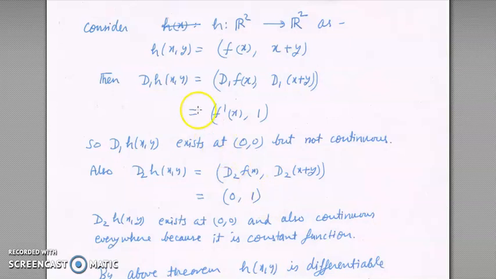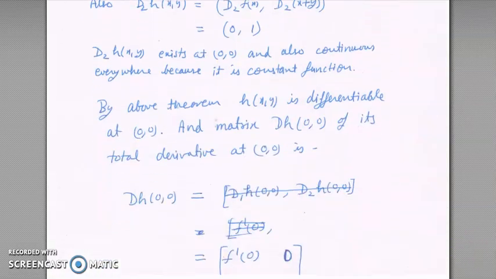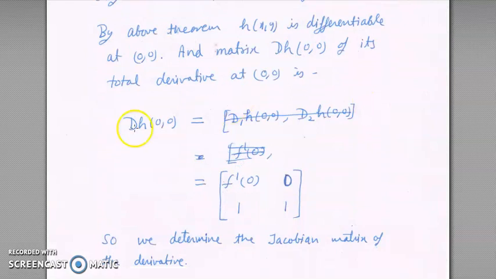So one partial derivative exists at (0, 0) and may not be continuous, and the other partial derivative not only exists at (0, 0) but also in a neighborhood of (0, 0), and it is continuous at (0, 0). So it satisfies all the conditions of the theorem. It means this function h is differentiable at the point (0, 0). And we can also determine the Jacobian matrix of h, and you can see that it will be f dash 0, 0; 1, 1.